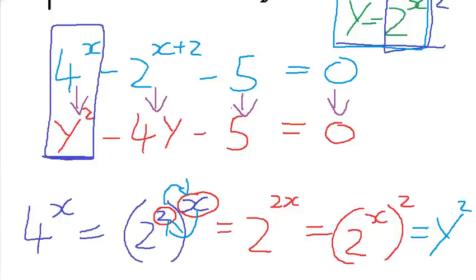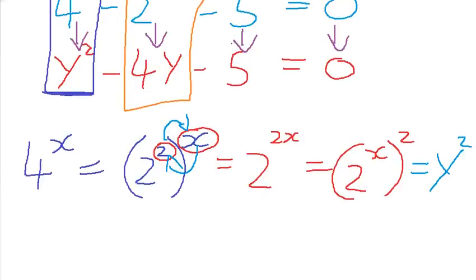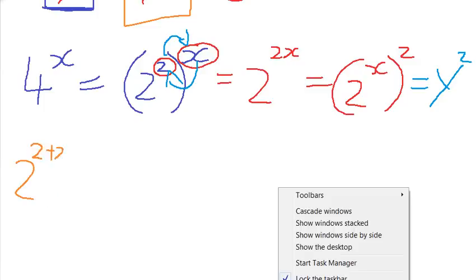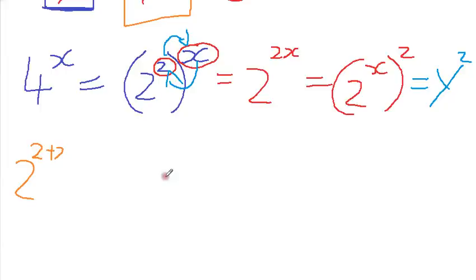Then this question's done. So we have 2 to the power of x plus 2 goes to 4y. So 2 to the power of 2 plus x, or x plus 2, doesn't make any difference. So what can we do with that? Well, 2 to the power of 2 plus x. So indices rule again, this is an indices question.